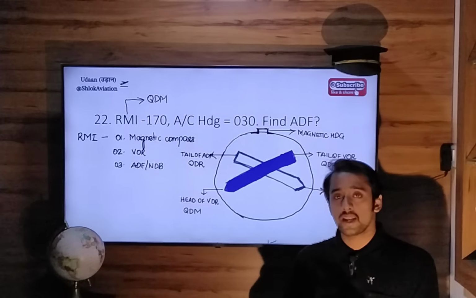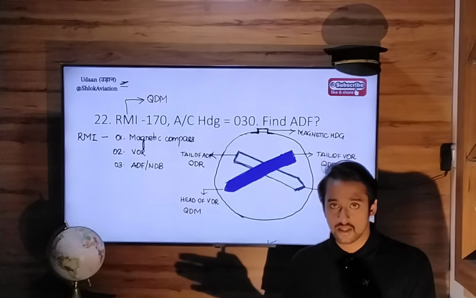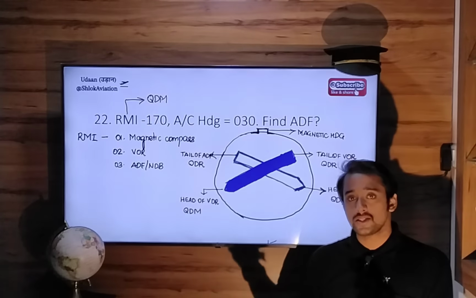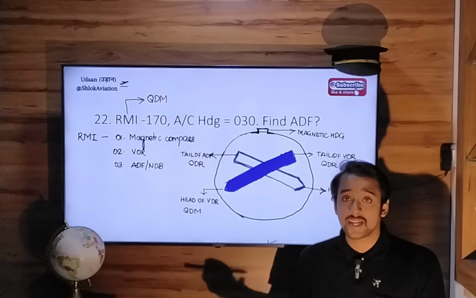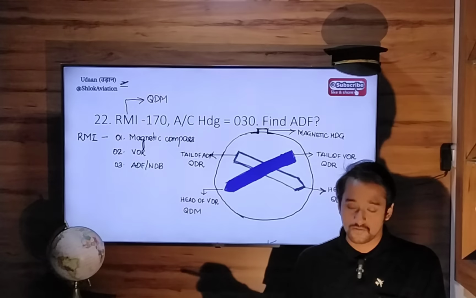From that relative bearing, we always derive QDM, magnetic bearing to the station. Contrary to that, the RMI instrument directly supplies you the QDM information. You need not find relative bearing. In such manner, it relieves the pilot of his workload.